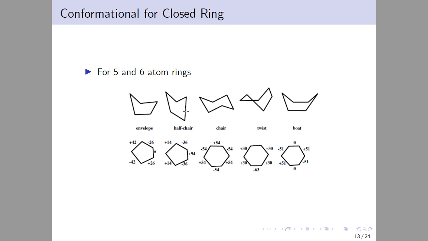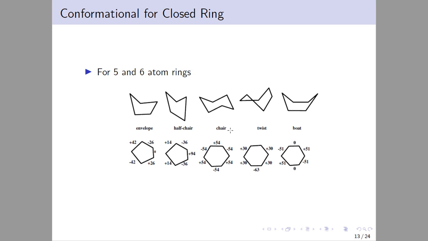So the envelope and the half chair. You can see that the angle between this C and this C will be different, so we determine the shape of the molecule. And this one is for 6 carbons.